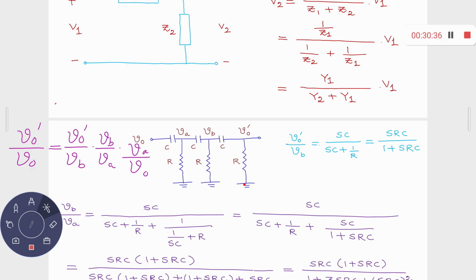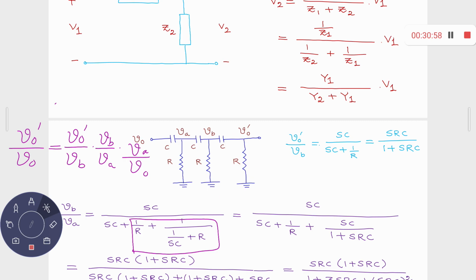Right? 1 by this is nothing but the equivalent admittance. Plus 1 by R, the admittance is simply added if they are in parallel. So 1 by R plus 1 by this. So this part is basically the admittance of this whole thing.